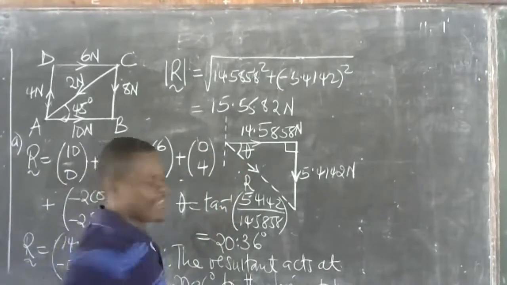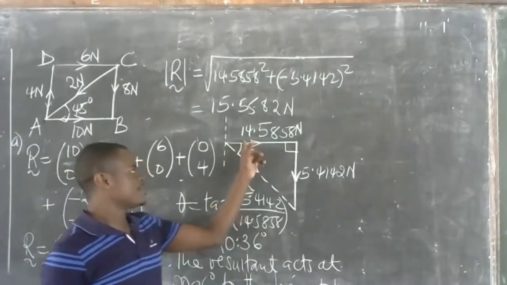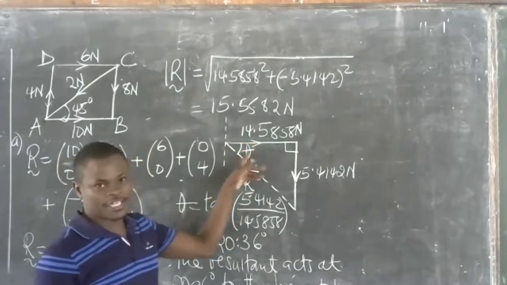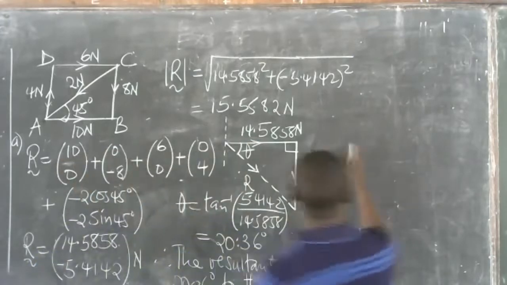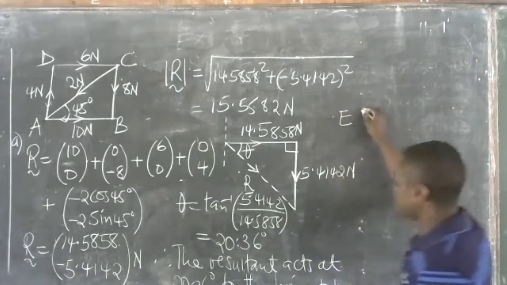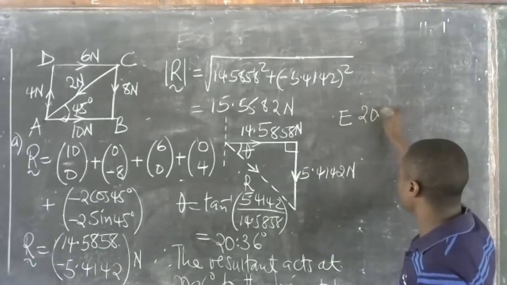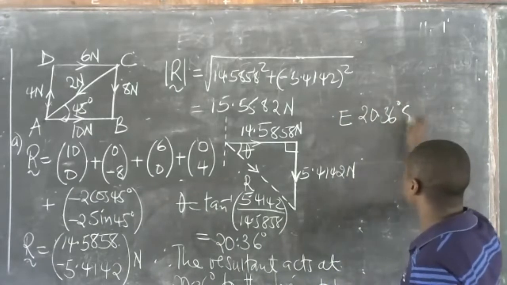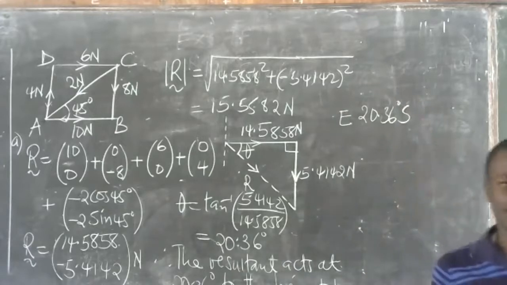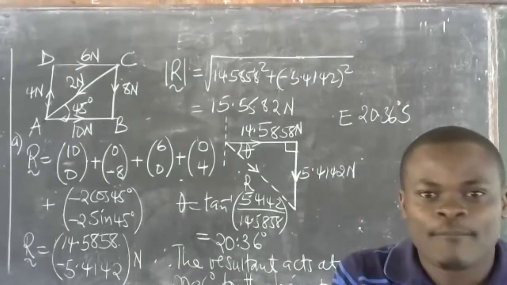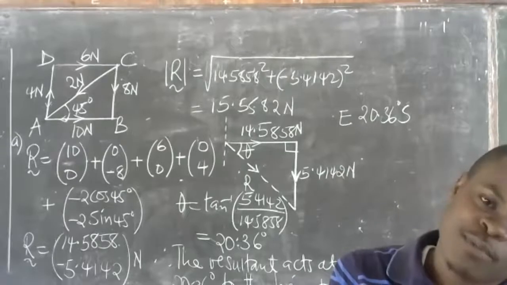So you can see it is running from east, that angle theta towards the south. So you can say east 20.36 degrees south. You can give that, but there is no need for you to give both.